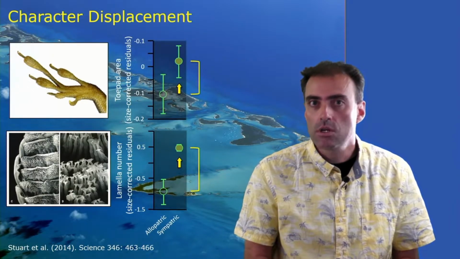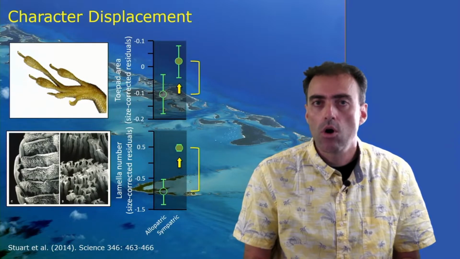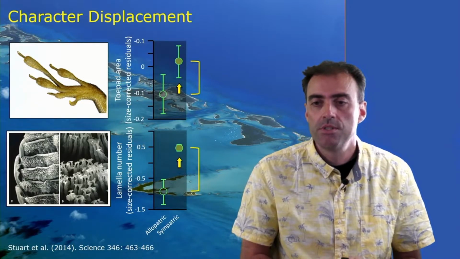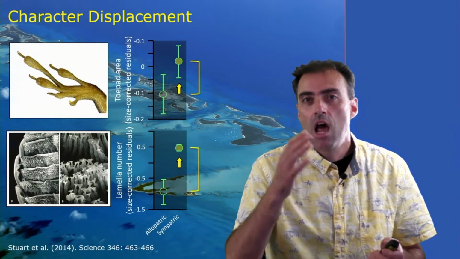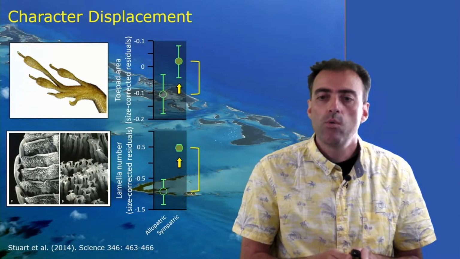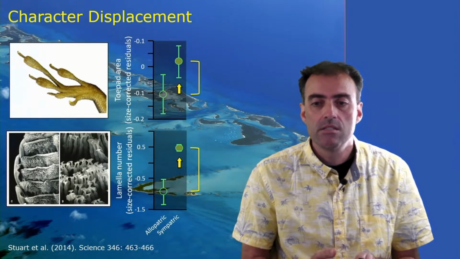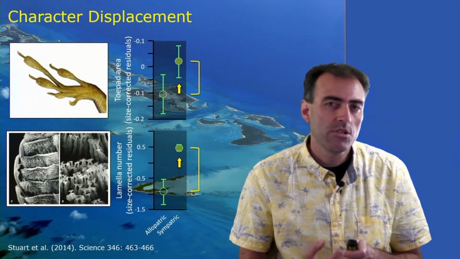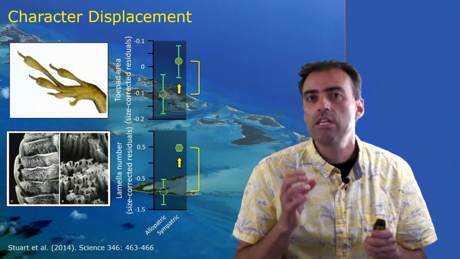Now let's follow this a little bit further. Have a look at the consequences of that green anole moving further up into the more spindly branches of those shrubs. What we find is that after many years, several generations down the track, the size, the area of those toe pads, and the structure of the toe pads themselves has actually changed.